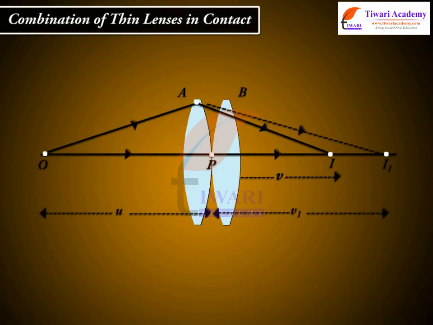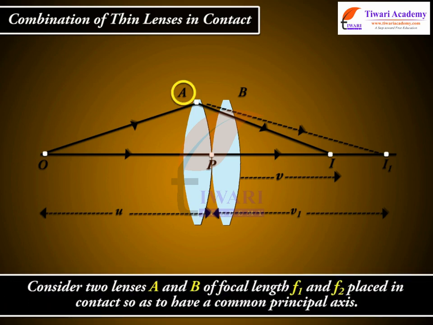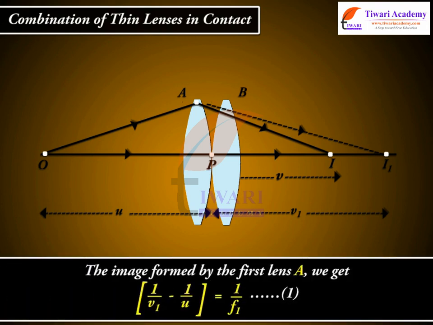Combination of thin lenses in contact. Consider two lenses A and B of focal lengths f1 and f2 placed in contact so as to have a common principal axis. For the image formed by the first lens A, we get 1 by v1 minus 1 by u is equal to 1 by f1. Equation 1.